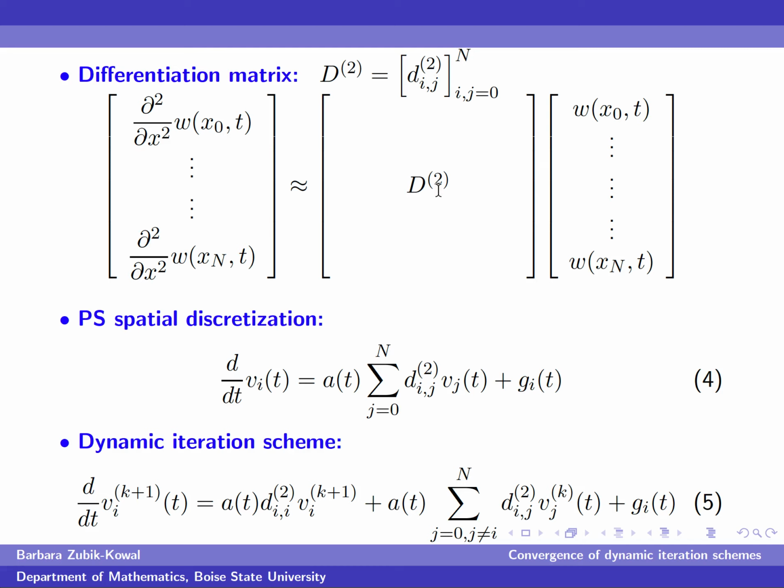The entries of these matrices can be computed using the well-known algorithm by Thornberg from 1988. Now, using such a matrix, we transform the heat equation into this system of ordinary differential equations written in this form labeled by equation number 4.